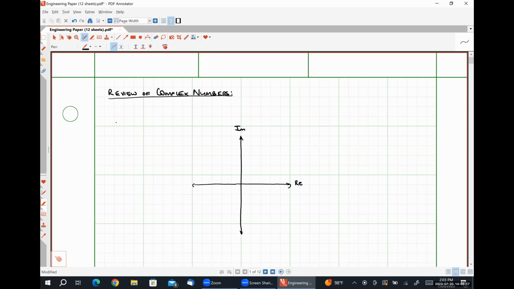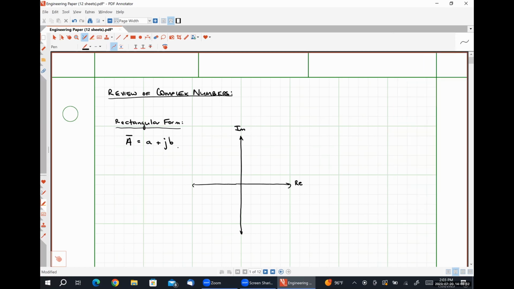There are multiple different forms that complex numbers can be represented with. The first of which is called the rectangular form. In a rectangular form complex number, complex number A, I'm going to denote that it is a complex number by putting a bar over it, we have lowercase a plus j b.